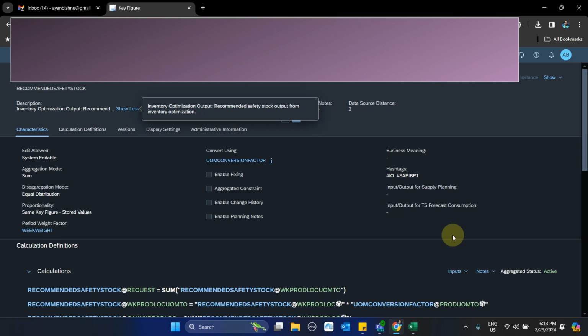So this is all I wanted to cover as part 1 of the video on inventory optimization, which is to give you a basic understanding of the mandatory master data that you look for, what the primary input key figures are, and based on those primary input key figures, what outputs are generated by inventory optimization.